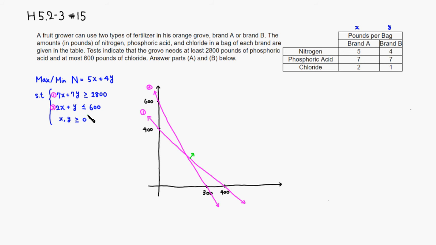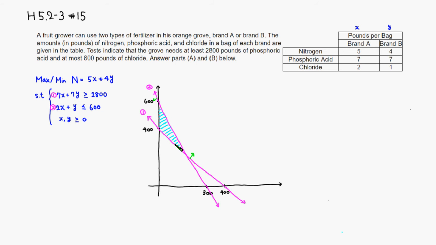For the second inequality, 0, 0 does satisfy, so you have to shade the bottom side. So it has to be above this borderline and below that borderline, and to the right of the y-axis because of the non-negative constraint. So we're talking about this triangular region. This is the feasible region.